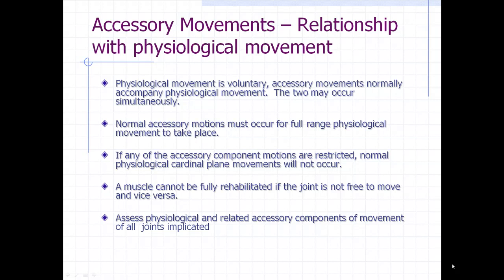The same is true when looking at the glenohumeral joint. The glenohumeral joint moves through flexion, extension, abduction, adduction, and medial and lateral rotation. And in order for those movements to occur completely, it's essential to understand the accessory movements that occur between the humeral head and the glenoid fossa.